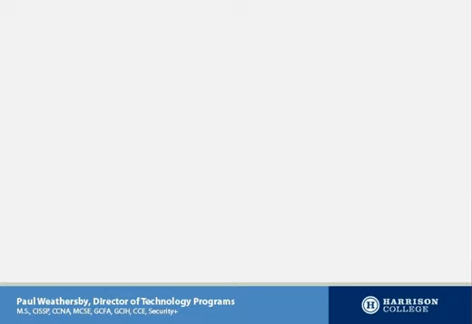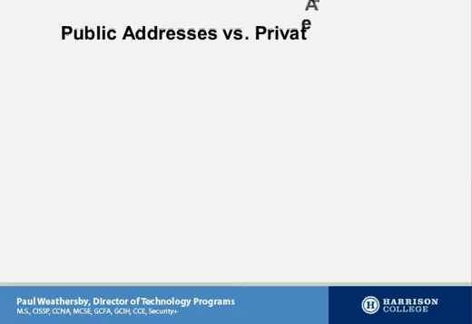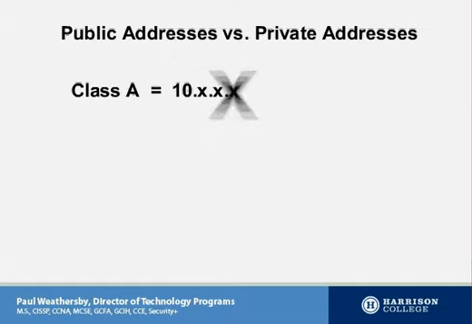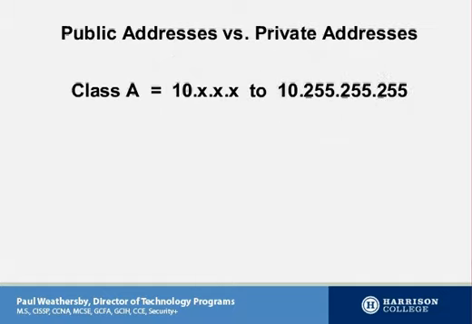One thing that we need to mention when we're talking about addresses, the different classes of addresses, is public versus private. There are private addresses within the classes that do not route. You need to be aware of what these are. In Class A, it's 10.x.x.x through 10.255.255.255.